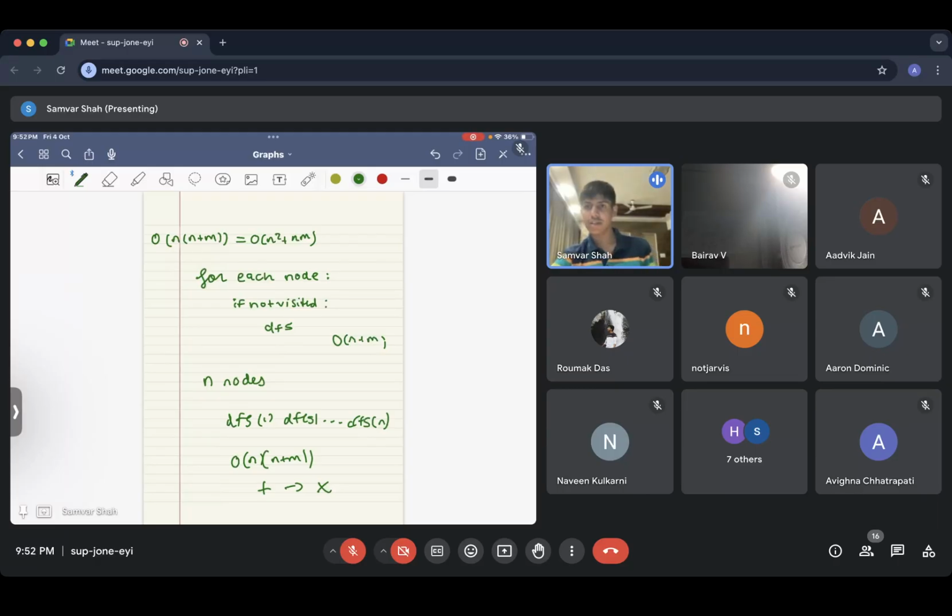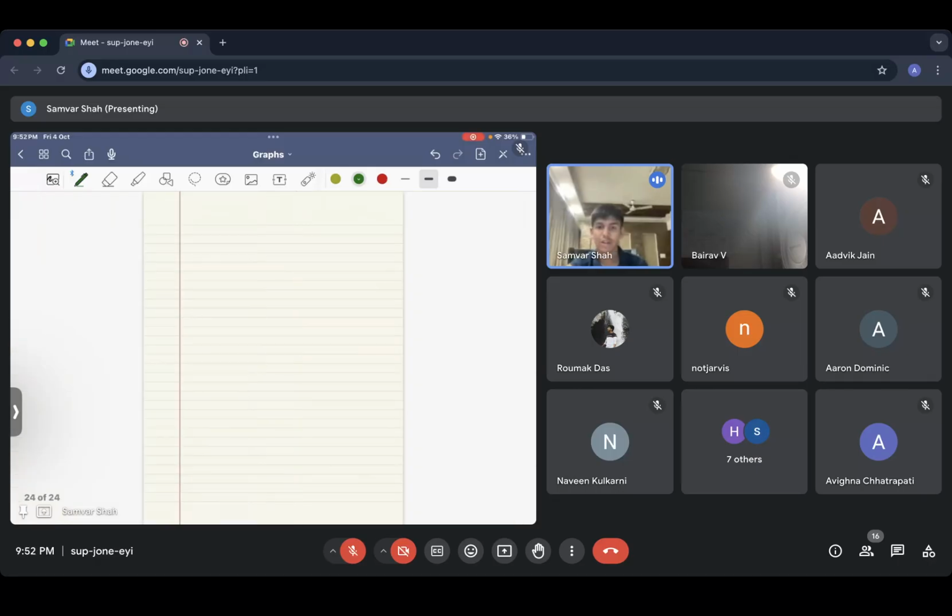And I think it's almost 10, so maybe we should stop for today. For the problem set for BFS, DFS, and Dijkstra, I have the problems written down. Let me just open them and send the links. For people who are just starting with graph algorithms, I would suggest the following problems. I'm sending it in the chat.